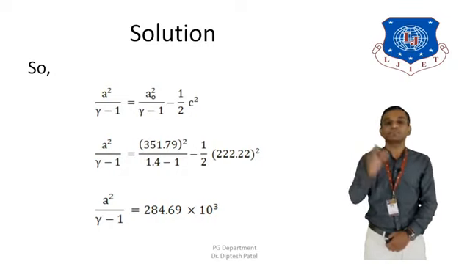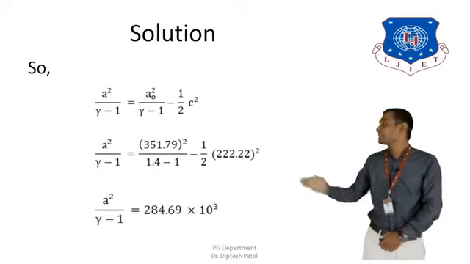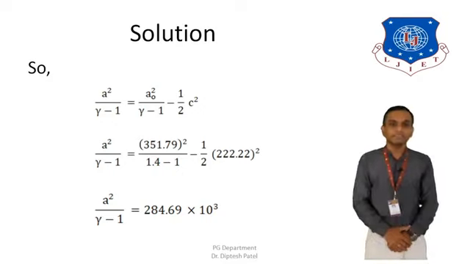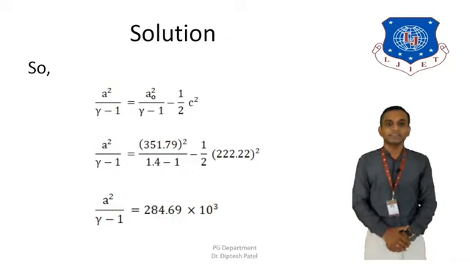So I'm just going to put the values in that equation, and that can be written as a square upon gamma minus 1, which is equal to 351.79 square divided by 1.4 minus 1 minus 1 divided by 2 inside the bracket 222.22 square.